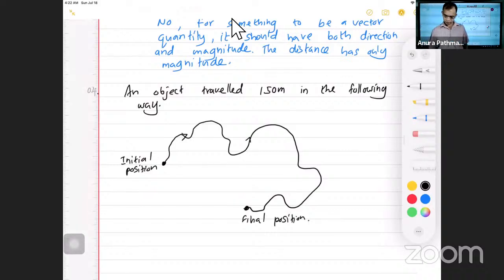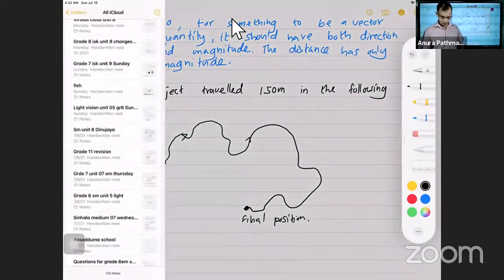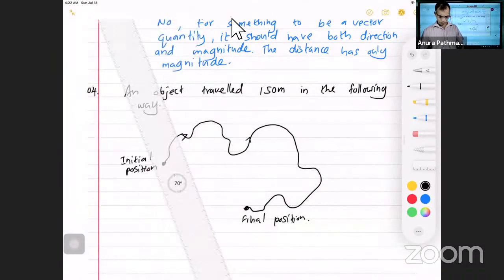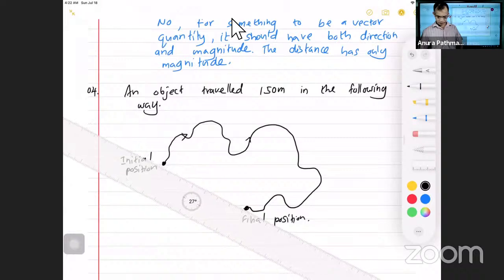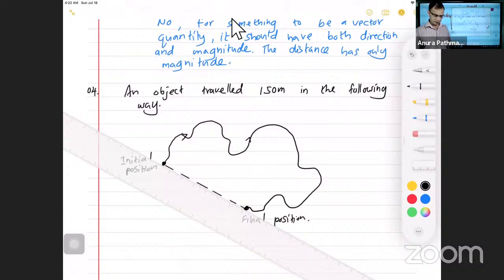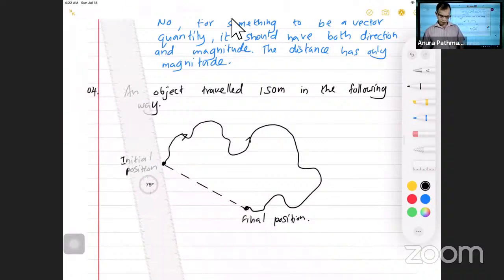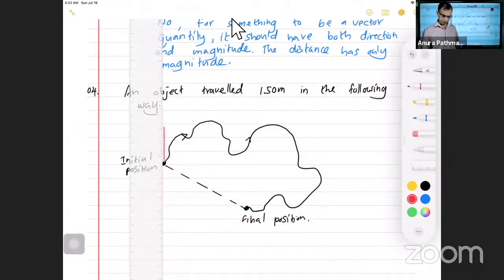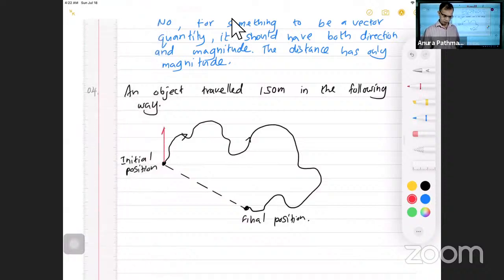So the shortest path between these two points is this one. This is the shortest length of the path. And if you are to find the direction, it is the north over here. So this is north.